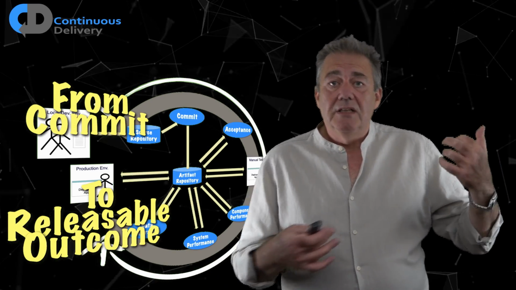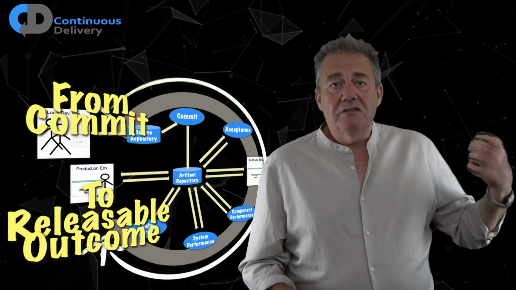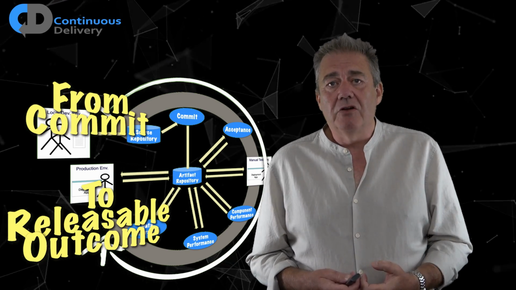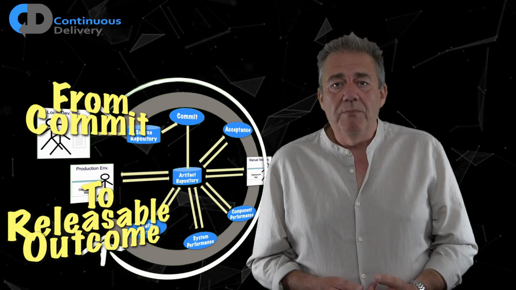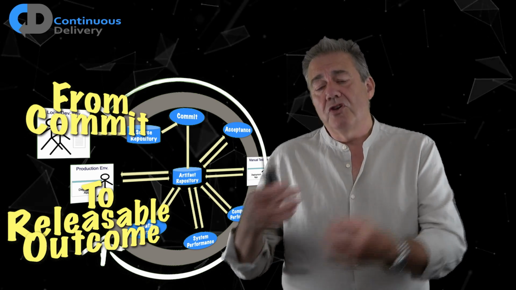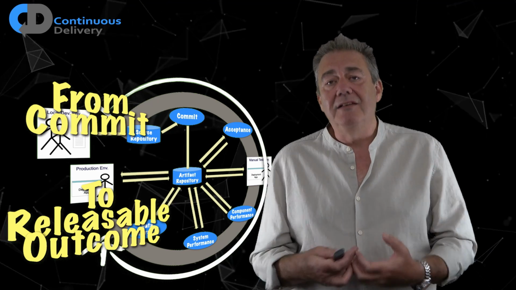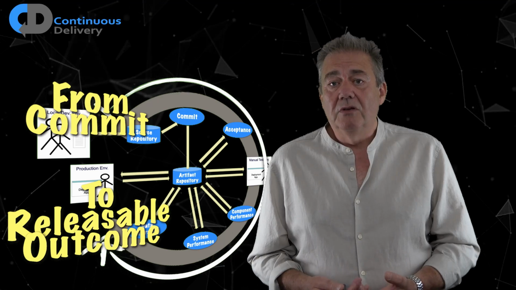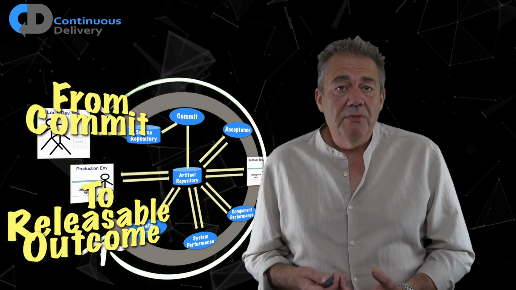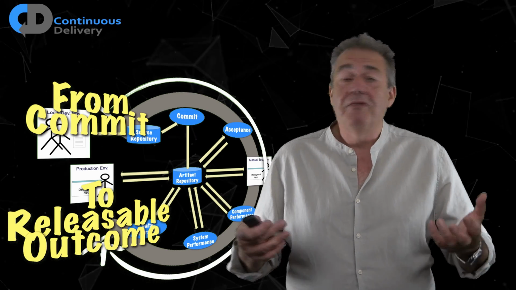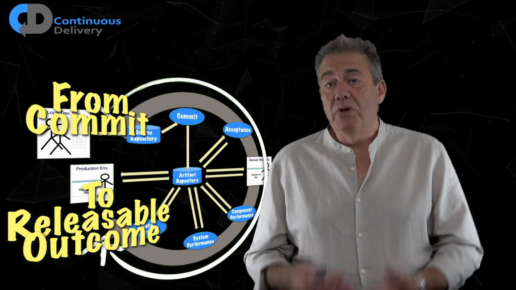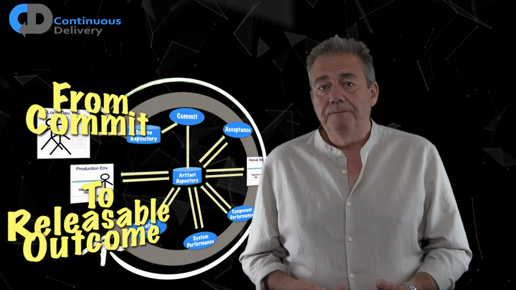That's it. Whatever it takes for you to achieve a releasable outcome is within the scope of a deployment pipeline. If the stuff that comes out of the pipeline at the end is not releasable, then you don't really have a deployment pipeline. You might have something else that's useful, but it's not really a deployment pipeline.